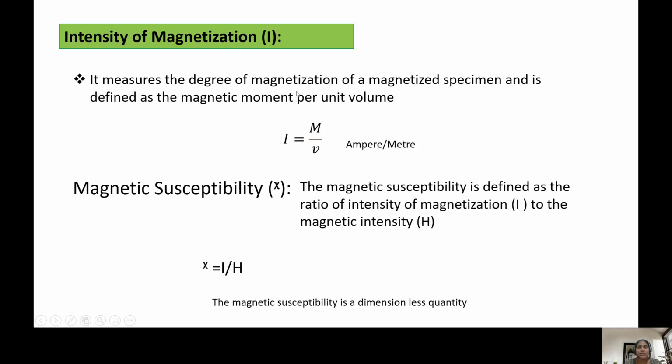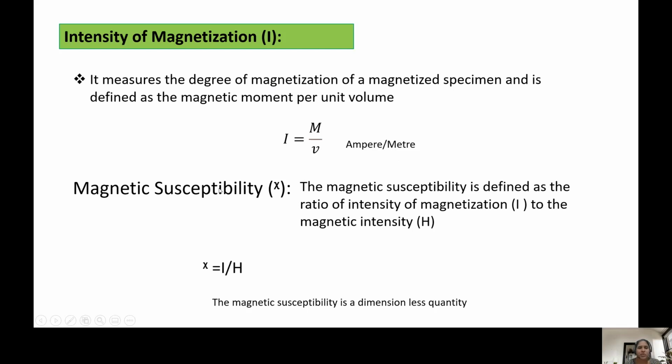How the material is responding to the externally applied field can be observed using the intensity of magnetization, represented with I, that is the ratio of the magnetic moment per unit volume in the particular specimen. It has the unit of ampere per meter.